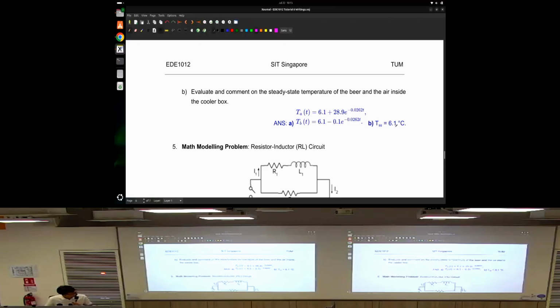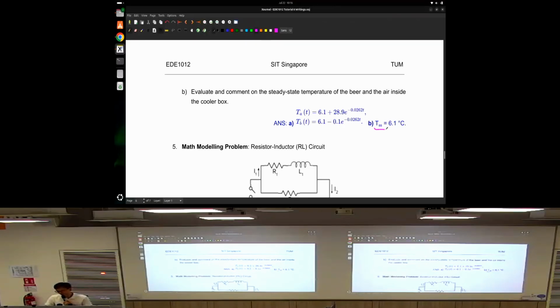Do you think this is what you experience? Let's say the 5-liter cooler box, you put 1 can of beer at 6 degrees inside. The steady state temperature is 6.1. The beer got so cold? No, right? So what do you think is the problem?